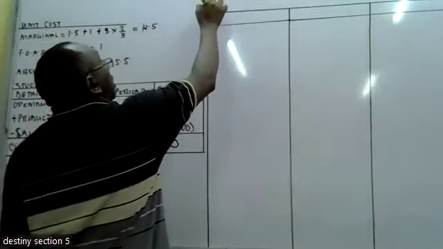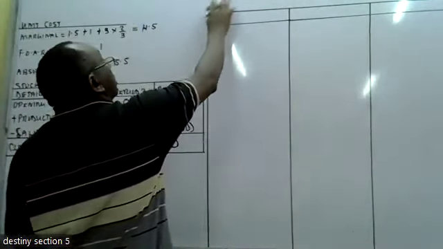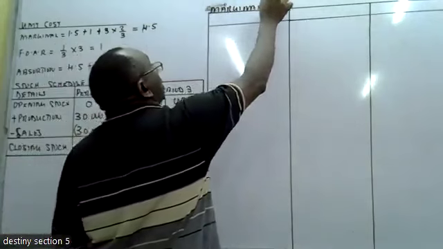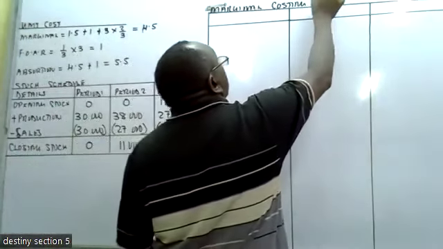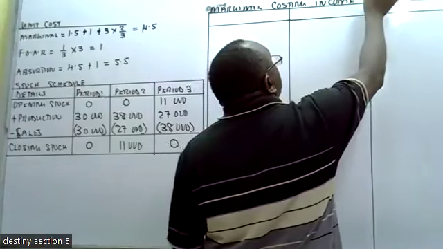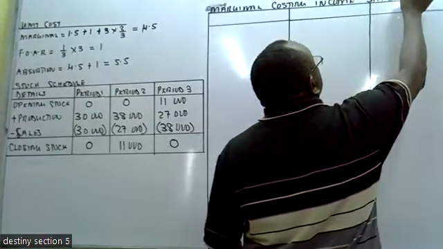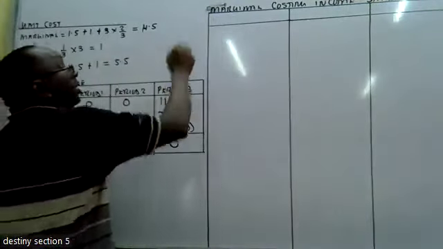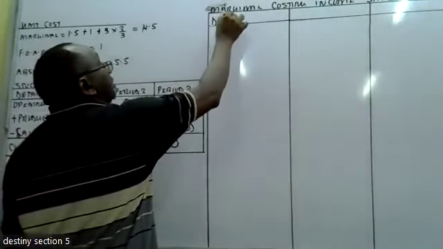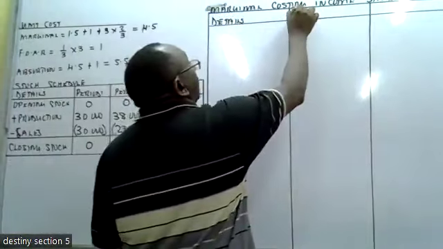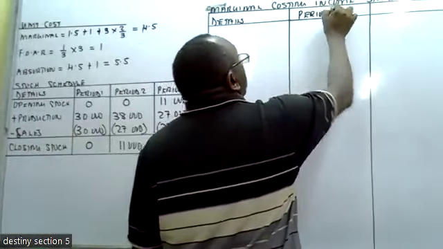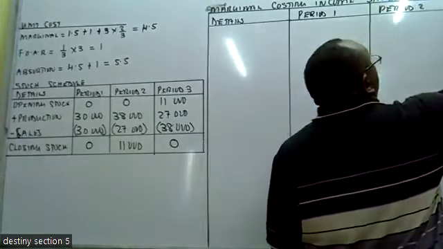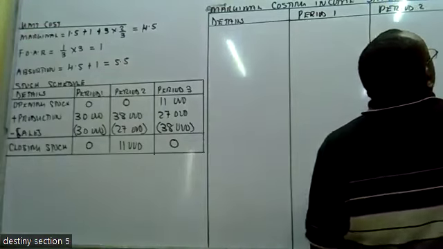So this one, we will call it marginal costing income statement. So we do have details here. We have period 1. We have period 2. And we have period 3.